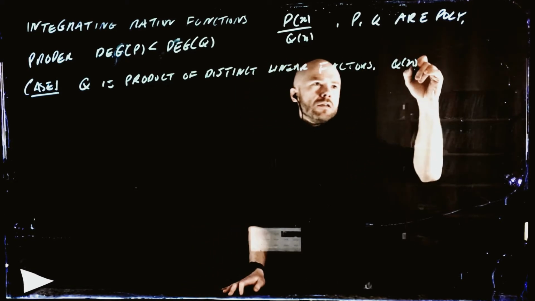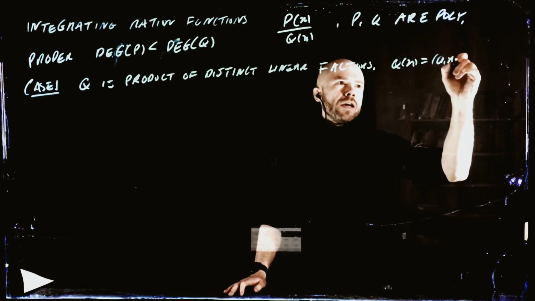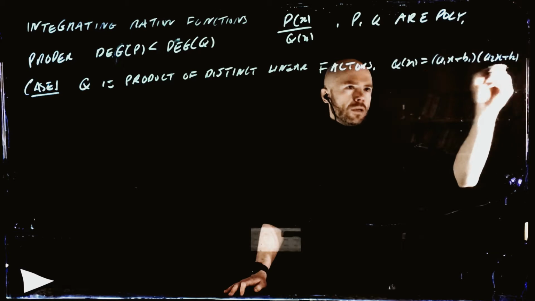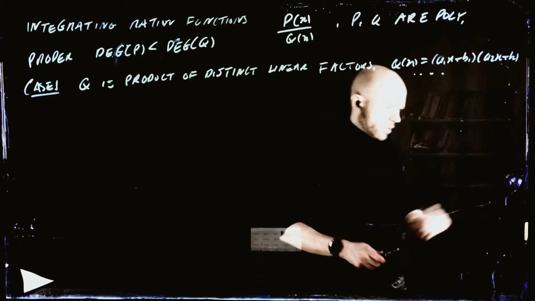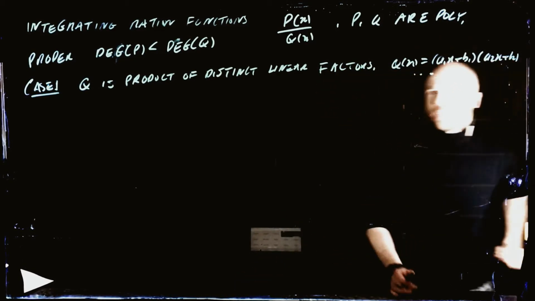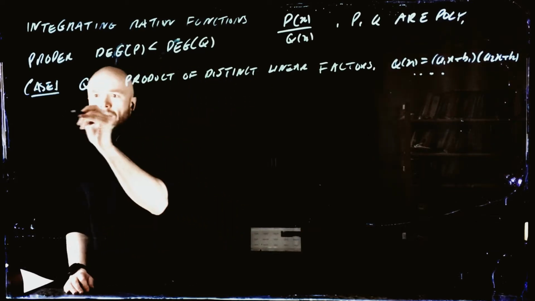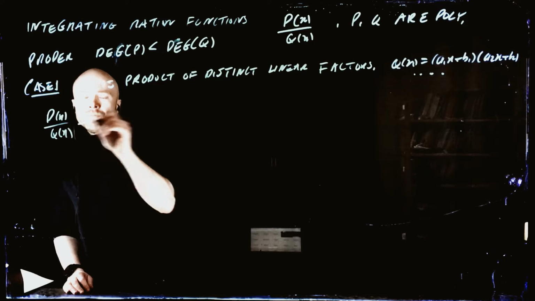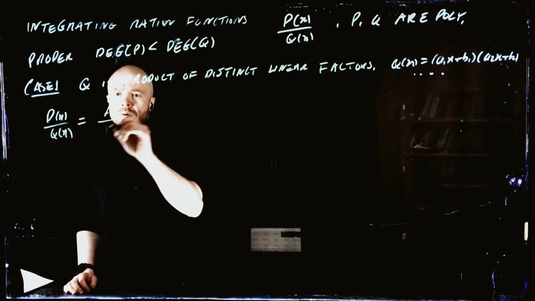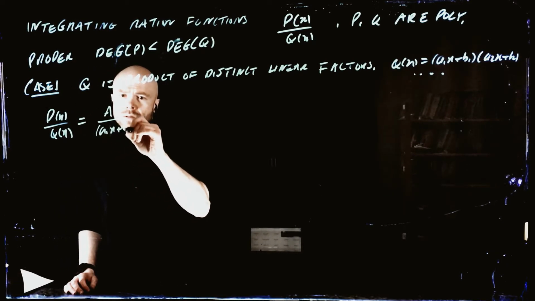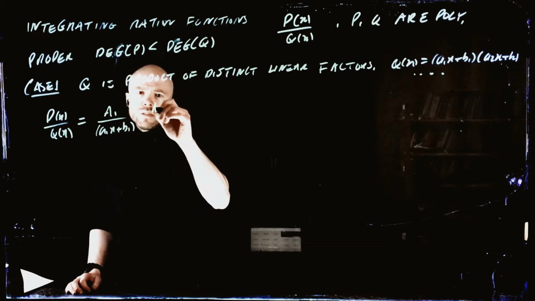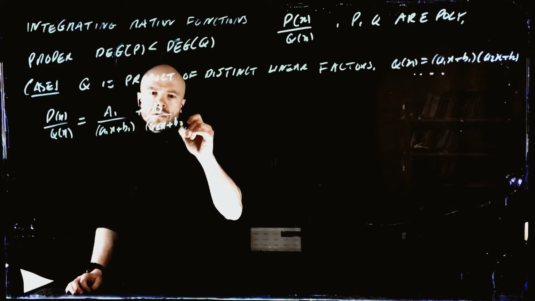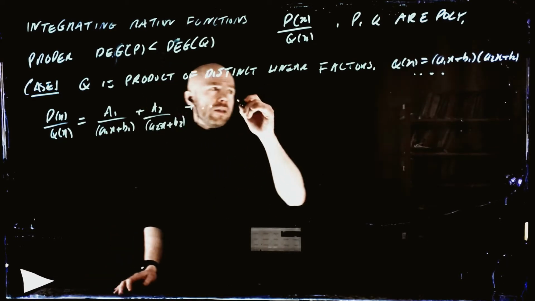So q of x, say, is (a1 x plus b1) times (a2 x plus b2), and so on, like this, right? And in that case, we can write p of x over q of x as equal to, say, A1 over (a1 x plus b1) plus A2 over (a2 x plus b2), like this, however many there are.